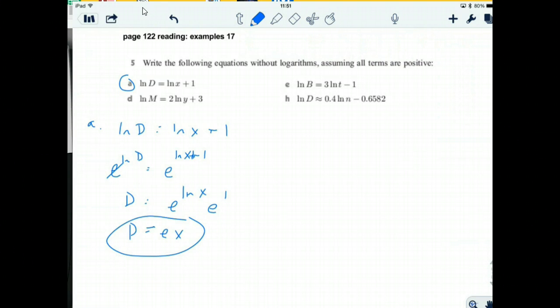That would be A. So B would be natural log of b equals 3 natural log t minus 1. We're going to write that as an exponent.